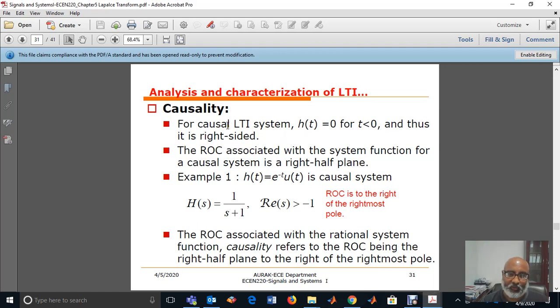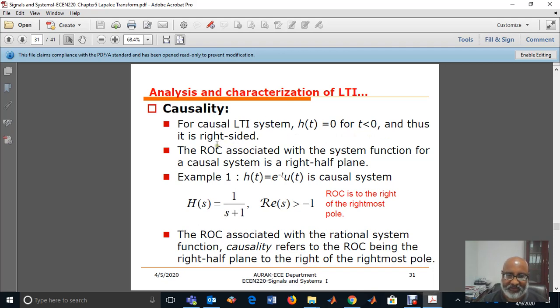And in chapter 2, we studied another alternative definition. An LTI system is causal if h(t) is equal to 0 for t less than 0. That means by looking only at the impulse response, we can draw the impulse response as a function of time, and if we see that h(t) is equal to 0 for t less than 0, we say the system is causal.